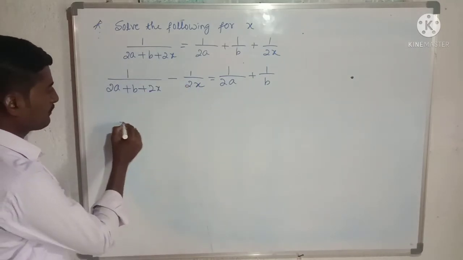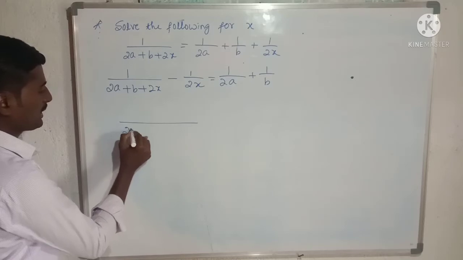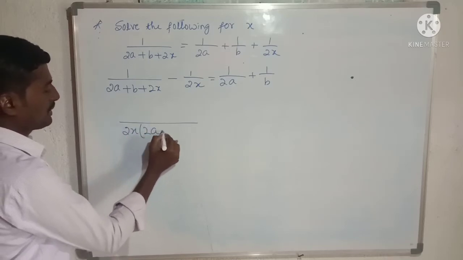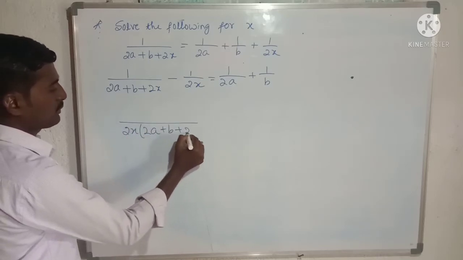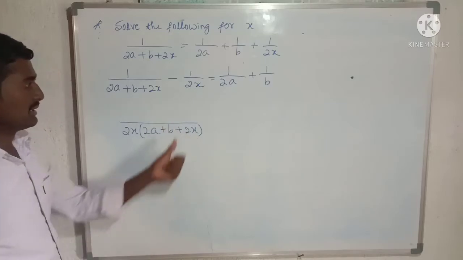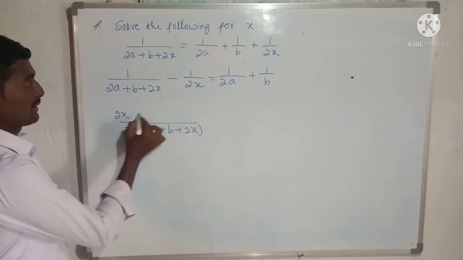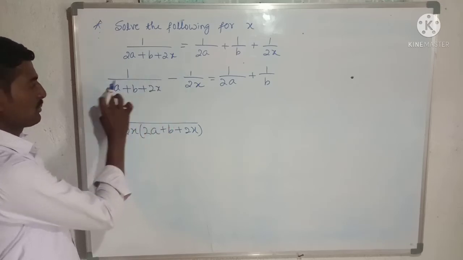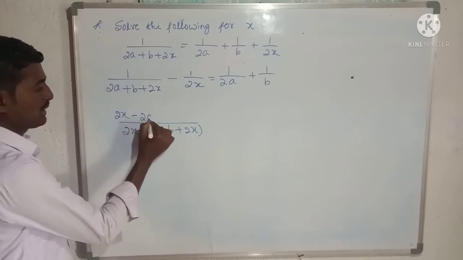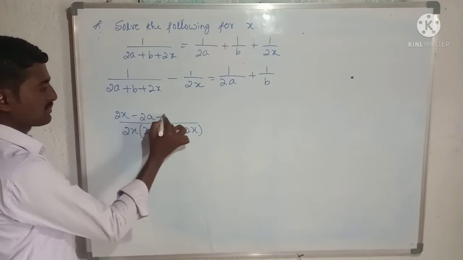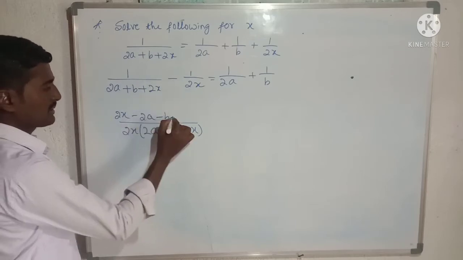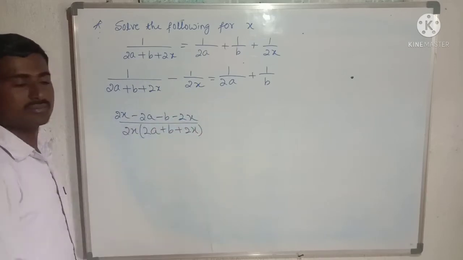What is the LCM? Here LCM will be 2x into 2a plus b plus 2x. In the numerator it will become plus 2x. Now here minus sign was there. So minus into plus it is minus 2a. Minus into plus it is minus b. Minus into plus it is minus 2x.